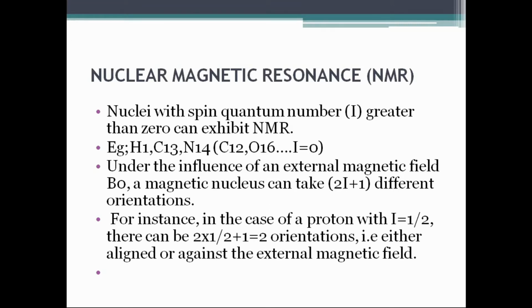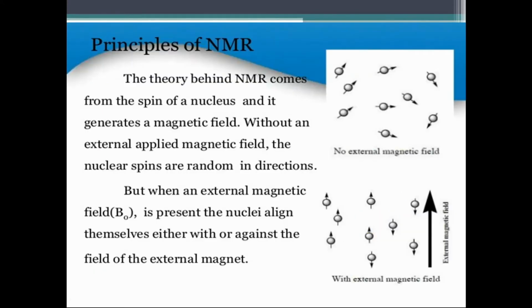But if the nuclei are under the influence of an external magnetic field B0, the magnetic nucleus will take 2I plus 1 orientations. This is the arrangement of the nucleus.